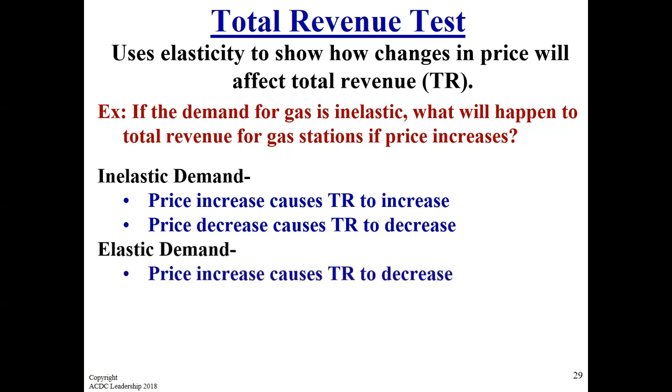Elastic, price increase, total revenue decreases. Why? When the price goes up 10%, quantity demanded, say, goes down 20%. Because it's elastic. So therefore, total revenue is going to decrease. So elastic, there's a negative correlation.